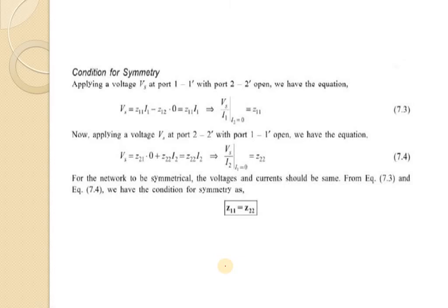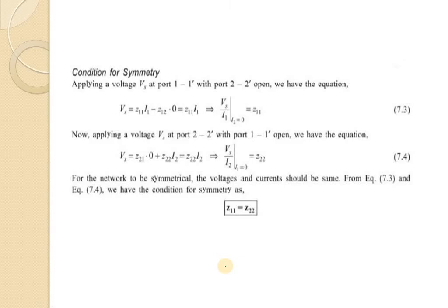For the network to be symmetrical, the voltages and currents should be the same. From equations 7.3 and 7.4, we find that the condition for symmetry is Z11 equals Z22, then the network is symmetrical.